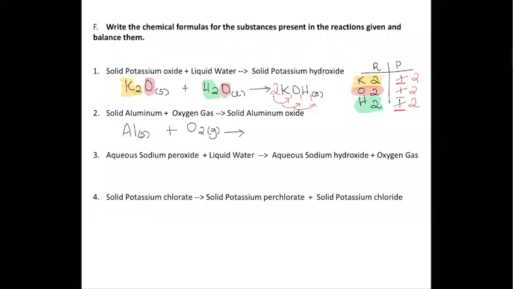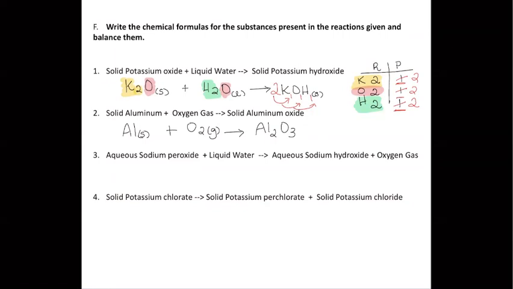So what is the chemical formula for aluminum oxide? Excellent job. It's going to be Al2O3. This is why it's very important, you guys, that you can go from words to chemical formulas. We're going to see it throughout this week for the exam.